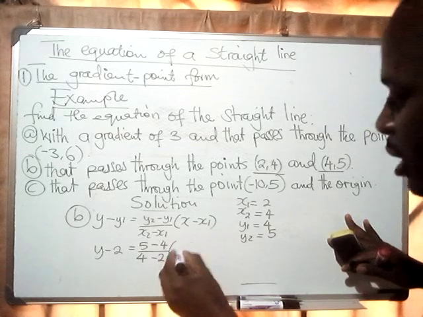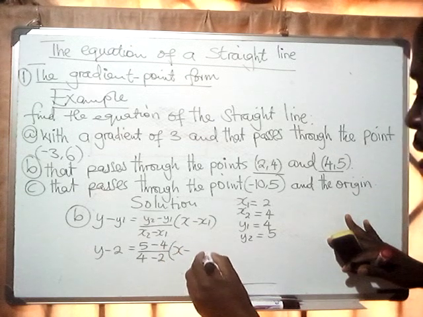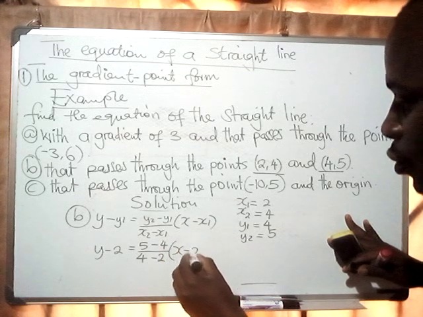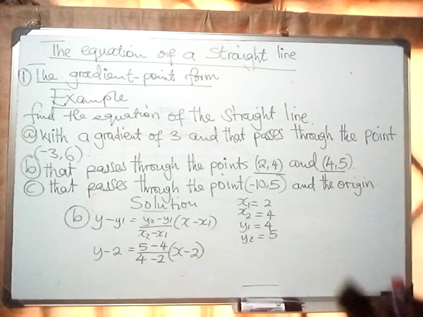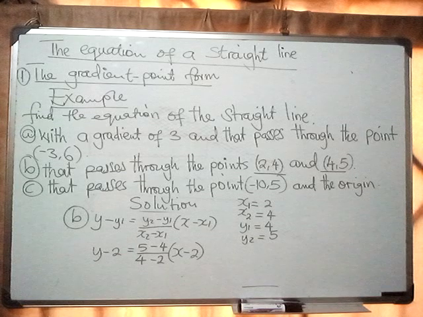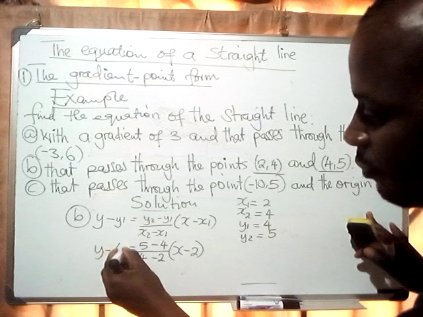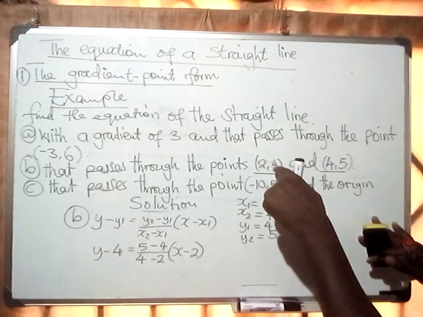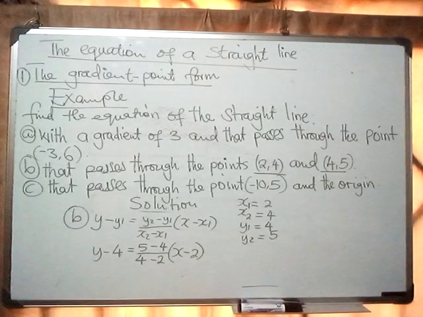Then we open the bracket and say x minus x1, which is 2. Now, our y1, I've written 2 there, so it is not 2, but 4. Our y1 is supposed to be 4, because this is our y1, which I've chosen.